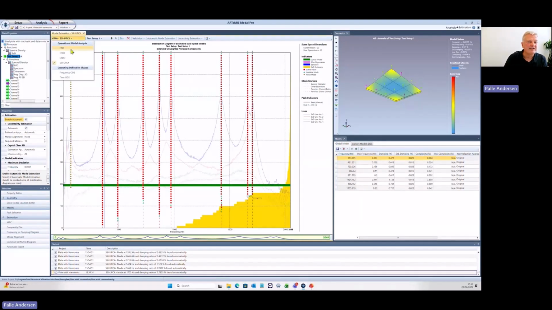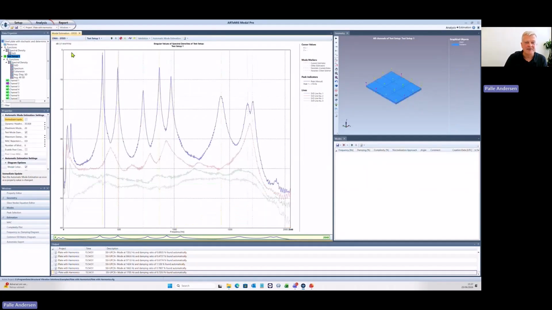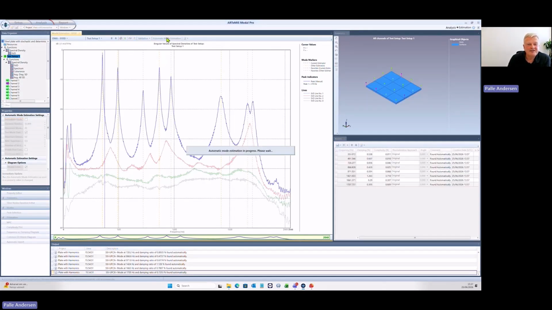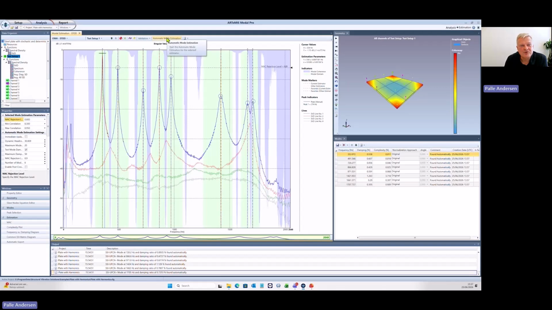And we have, for example, the enhanced EFDD methods. One time we had a patent on this one here, but that's many years ago, and everyone else likes it so much that they implement it in Python and so on. But we still have it, and it is still a good, going strong method that very easily can detect the modes if you have some significant peaks from these modes in your data.